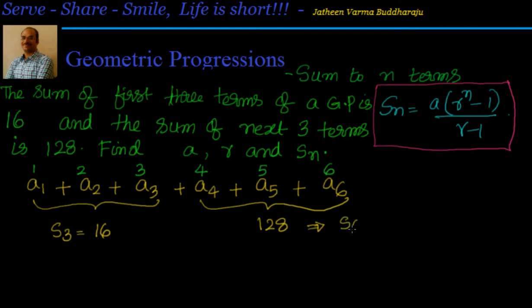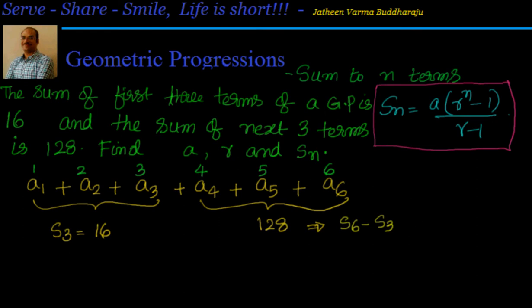So can I say it is nothing but S6 minus S3? Will you agree with me on that? The sum of next three terms is nothing but the sum of A4, A5, A6, that is equal to the sum of all the six terms minus the sum of the first three terms.